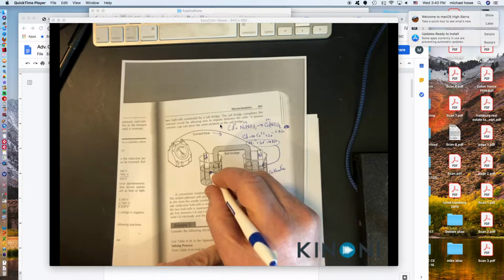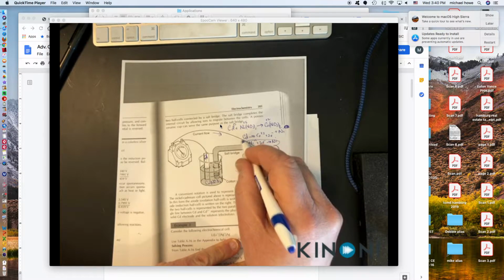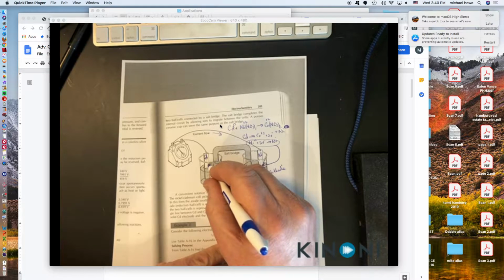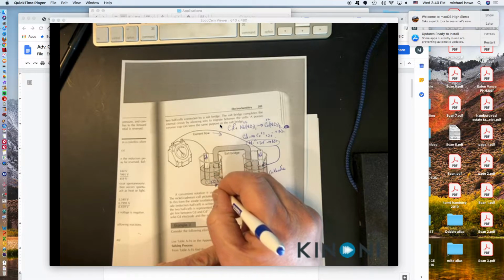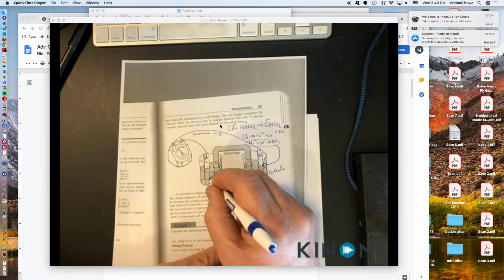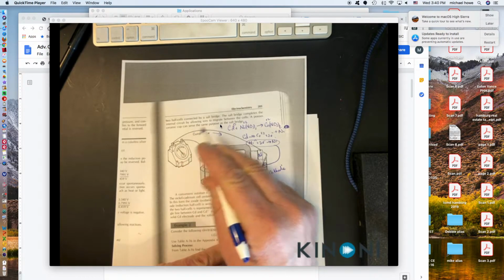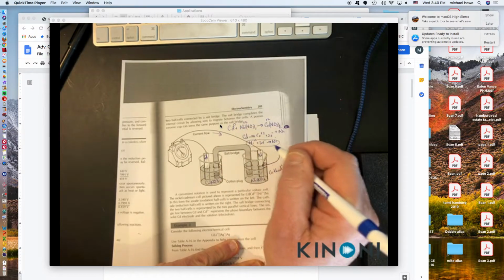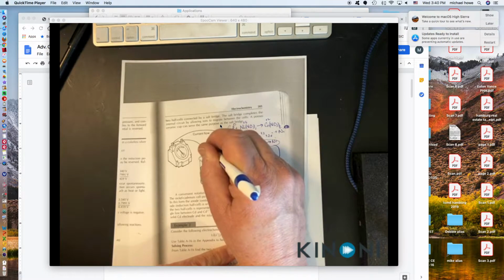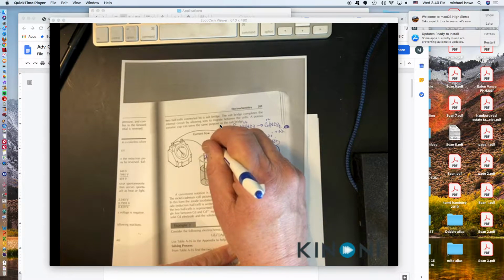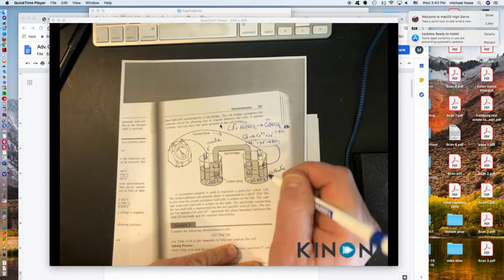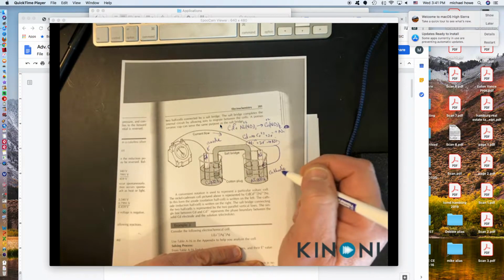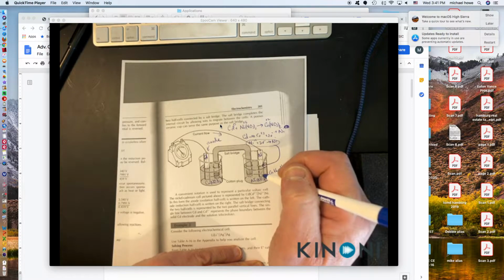On this side, the cadmium is losing electrons, and as the cadmium ions form here, the electrons that the atom lost move through the wire in that direction. This is called the oxidation reaction, and that occurs at the anode. So in a battery, you always have a cathode and an anode.